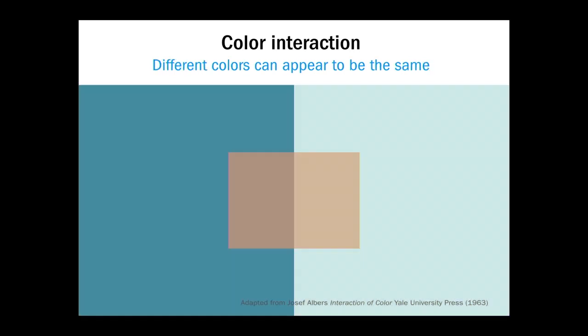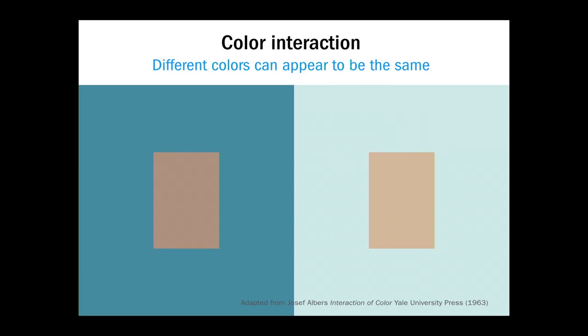And just as the same color can appear to be different, different colors can also appear to be the same. If you put this on different backgrounds, by all accounts, they look like they're the same color. So color operates by this very deceptive logic, and they're very unstable.